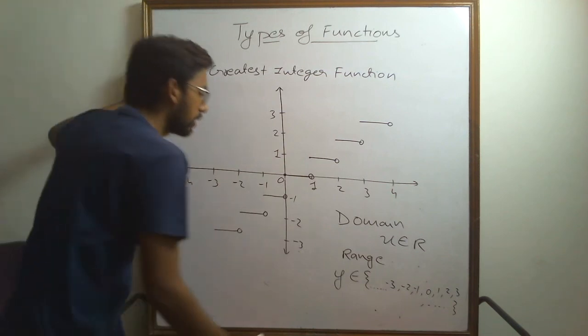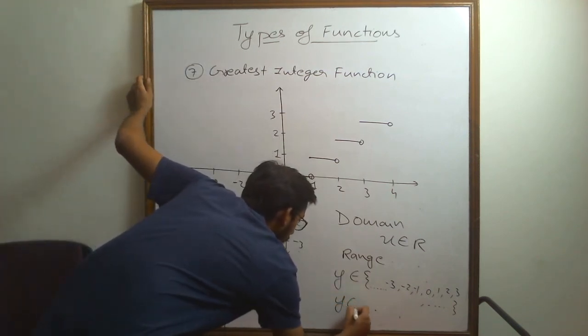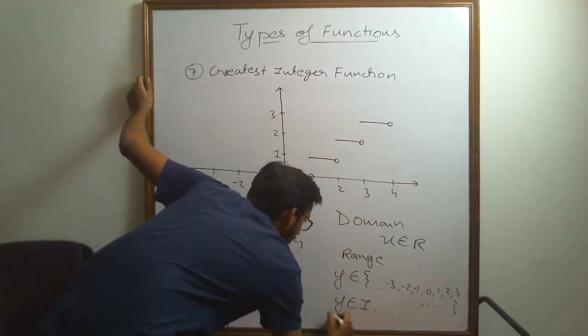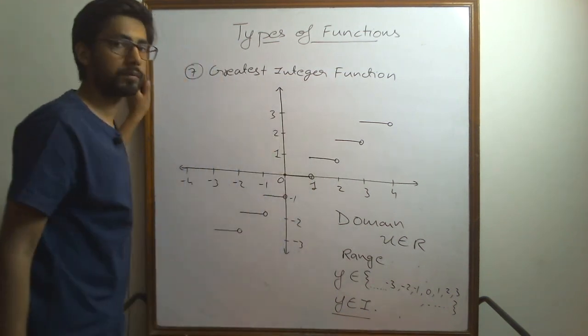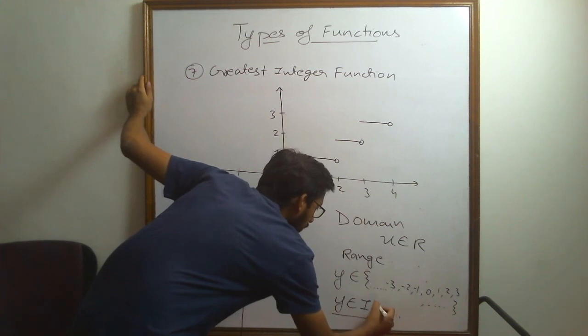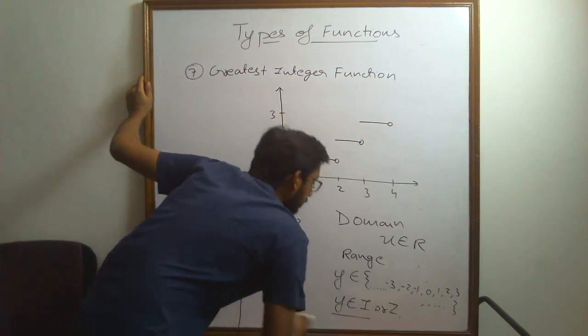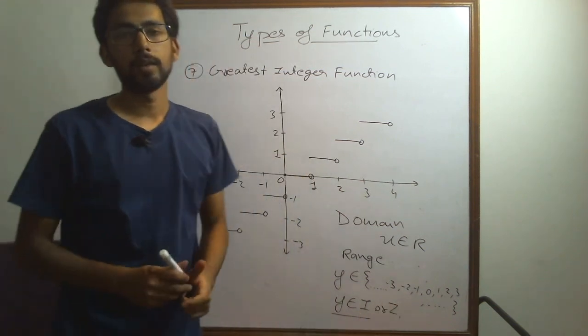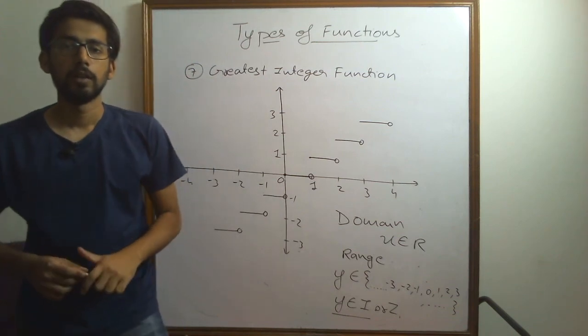This is the range. That means that y belongs to the set of integers. Either we write the set of integers as I or Z. This is the range of the greatest integer function.